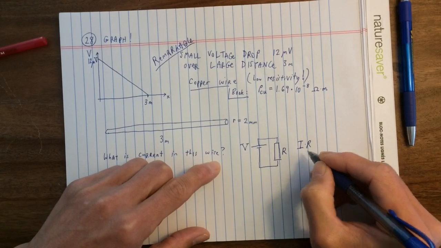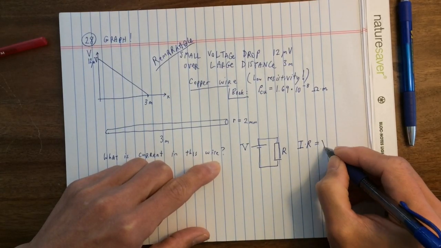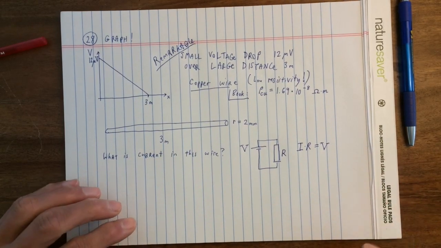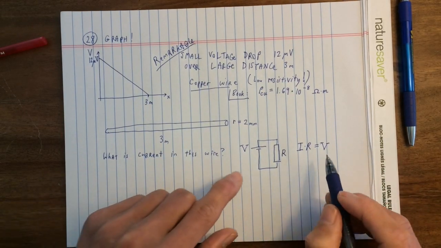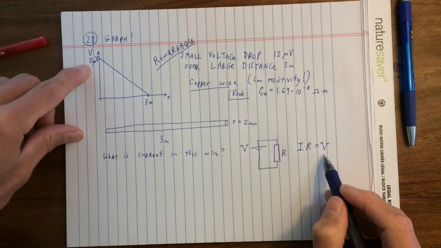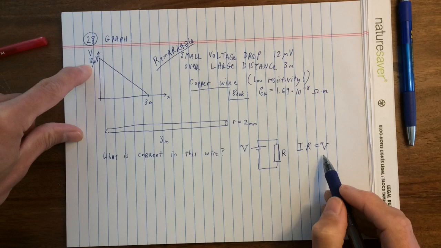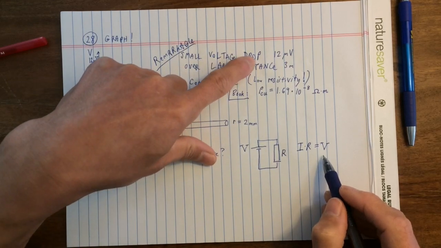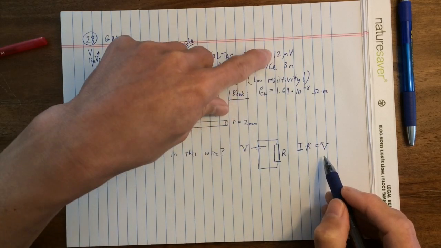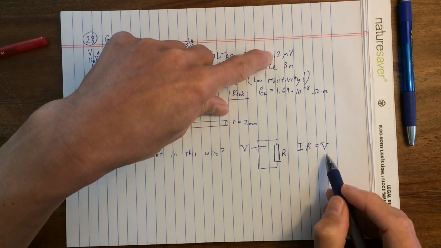I times R, so this is my current, is equal to the voltage. But I don't know, it doesn't seem like I have a voltage or anything like that, although I am given 12 microvolts of a voltage drop over this crazy distance of 3 meters. So maybe this 12 microvolts is my voltage.